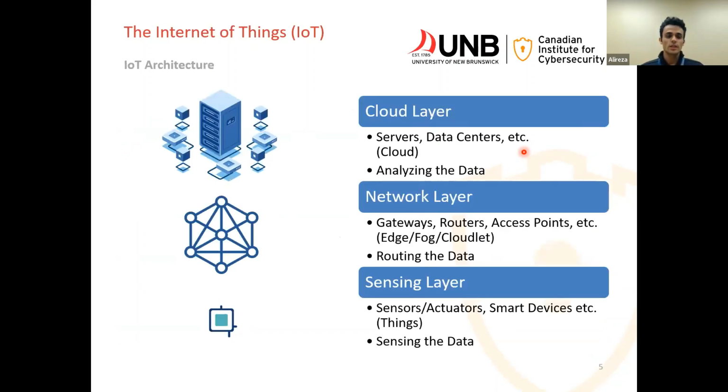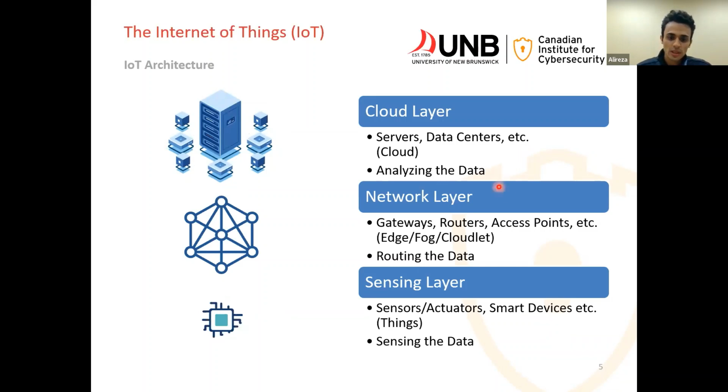So there's a generic IoT architecture, a three-tier layer architecture. And starting from the bottom, we have the sensing layer, also known as physical layer or perception layer, which includes sensors, actuators, smart devices called things. And it basically senses the data from the environment and sends it to the next layer, which is the network layer.